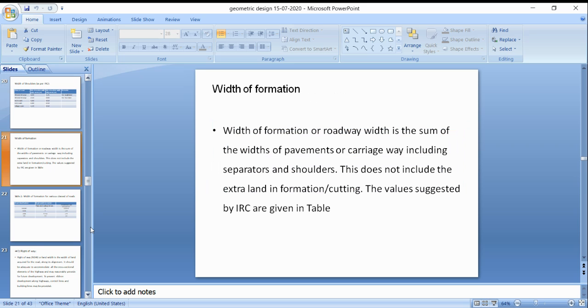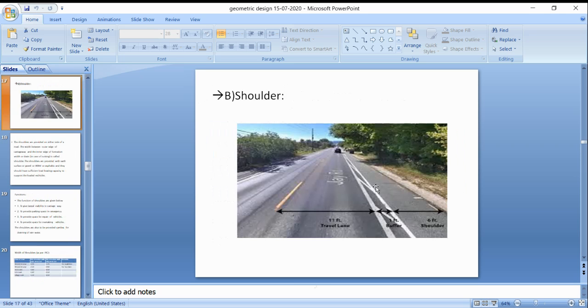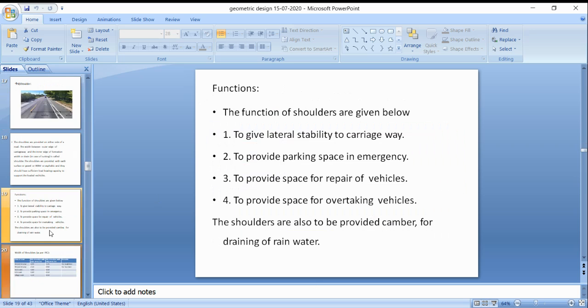Next comes the width of formation, or the formation width. The width of formation, or roadway width, is the sum of the width of pavements or carriageway, including the separators and the shoulders. As we have seen in the figure, this includes the shoulders. From this end to this end, the total comes as the formation width.